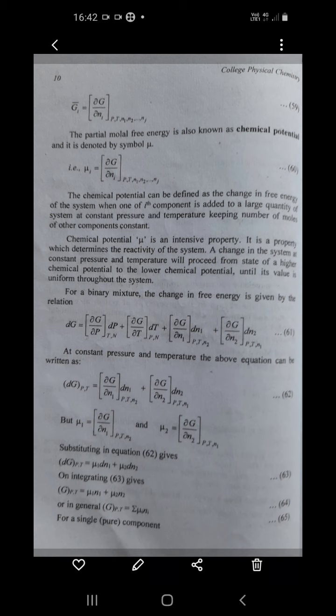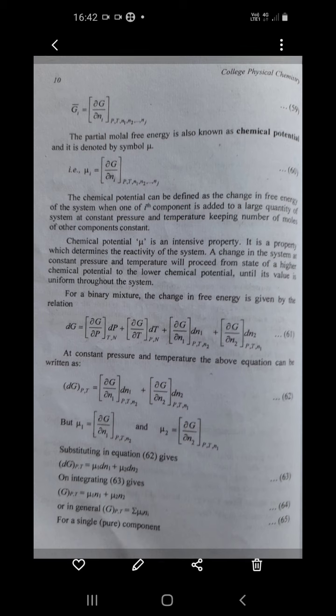But mu1 is equal to what? ∂G/∂N1 at constant pressure, temperature and N2, and mu2 is equal to what? ∂G/∂N2 at constant pressure, temperature and N1.